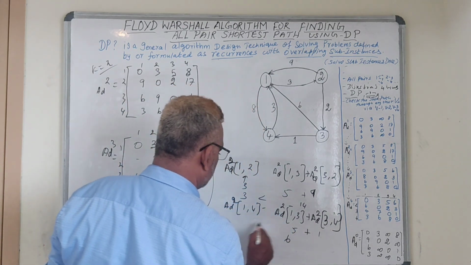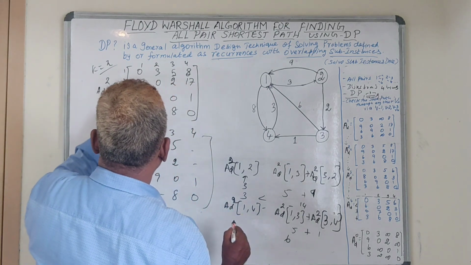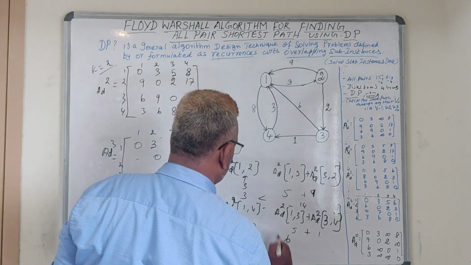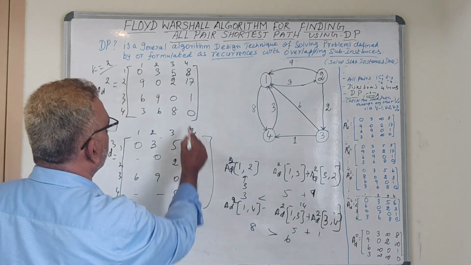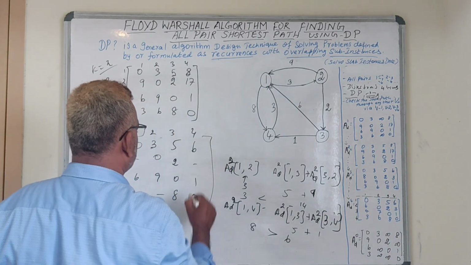So it is 6. This 1 to 4 is currently 8, and 6 is lesser than this value, so now this 8 is replaced by 6.